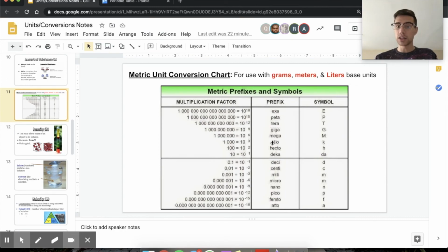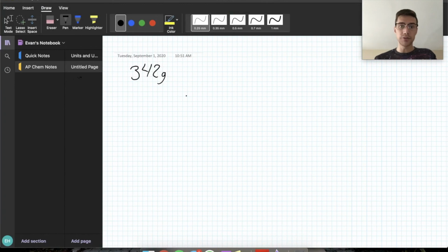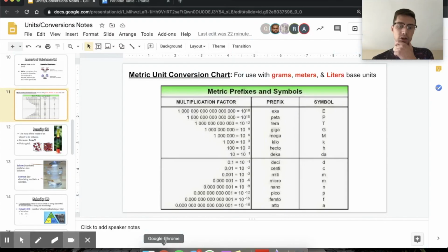So again, let's convert this value of 342 grams to kilograms. Now, you guys will learn the prefixes as we move along. The prefixes are here if you want them, okay? So K is our prefix for kilo, right? Kilo is our prefix right here. And again, we're still using grams, so you have to keep the G unit in, or else we won't know what we're actually measuring.